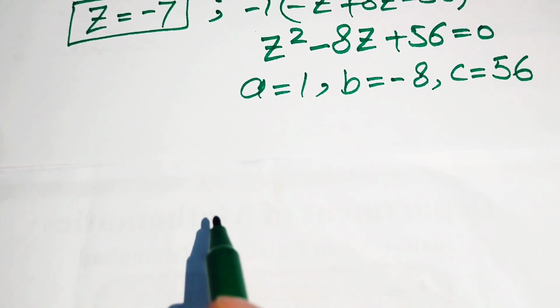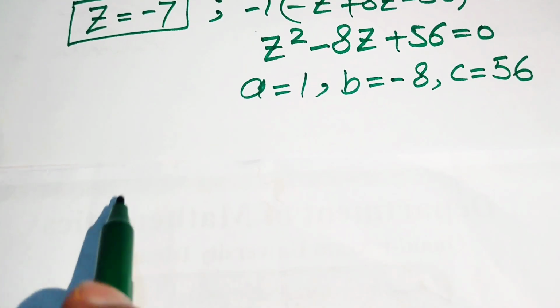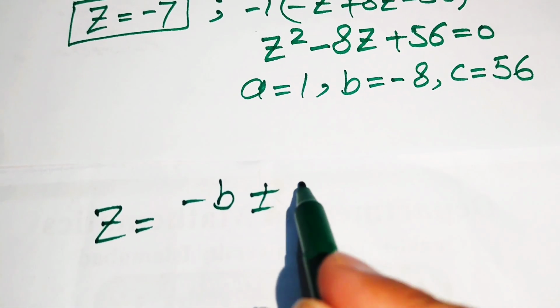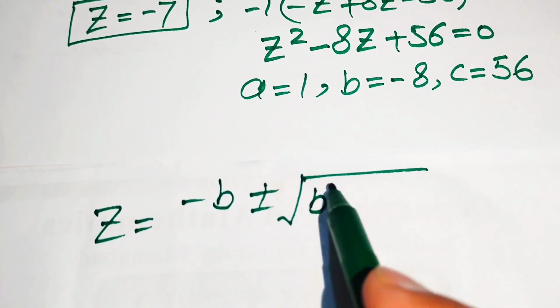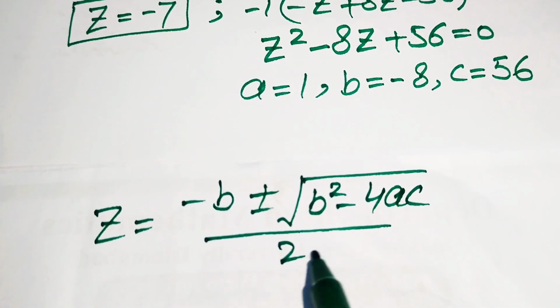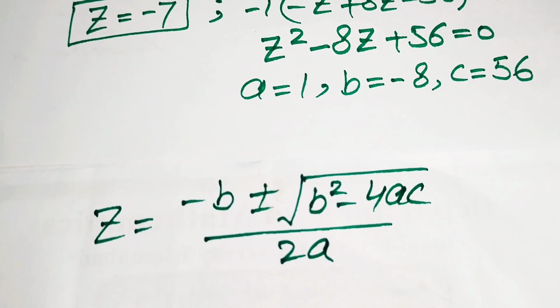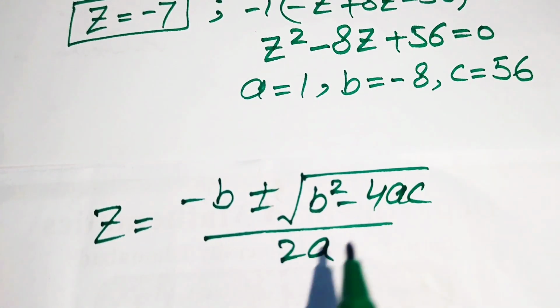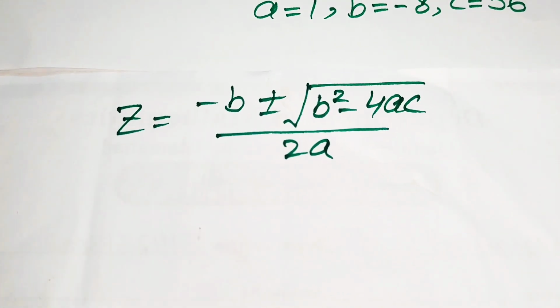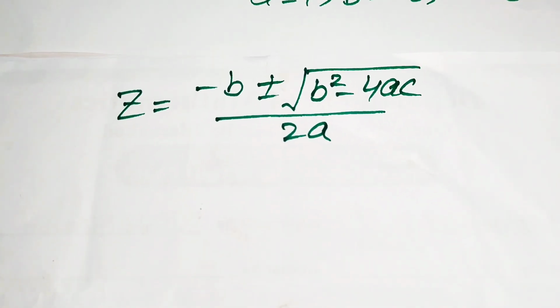So our quadratic formula will be written in this form: z equals to minus b plus minus square root of b square minus 4 times of ac divided by 2 times of a. So here we substitute all the values of a, b and c in this quadratic formula, and we will get our other roots of this equation.